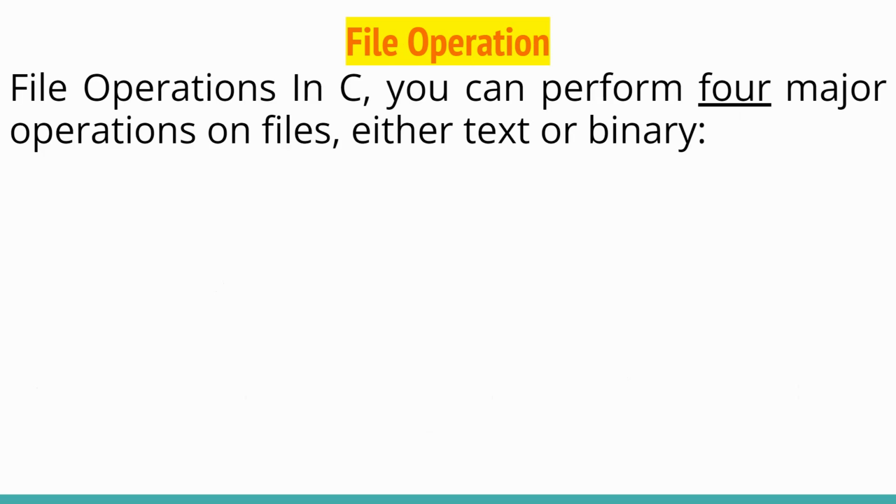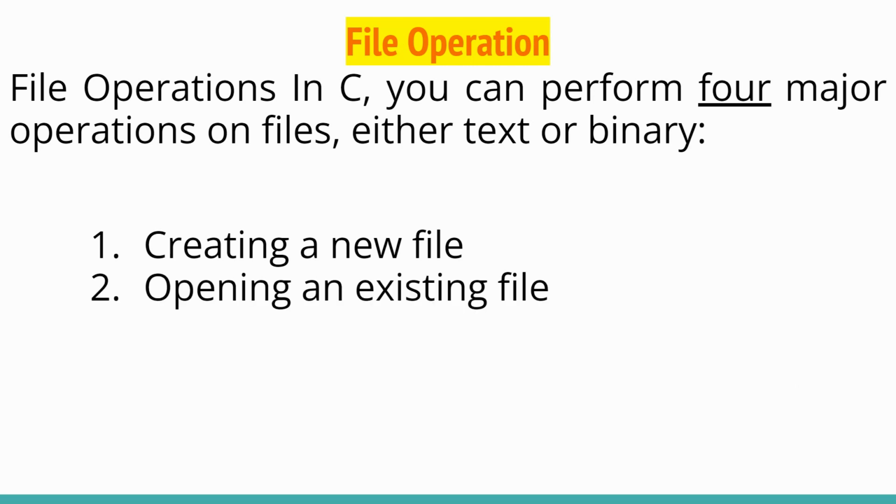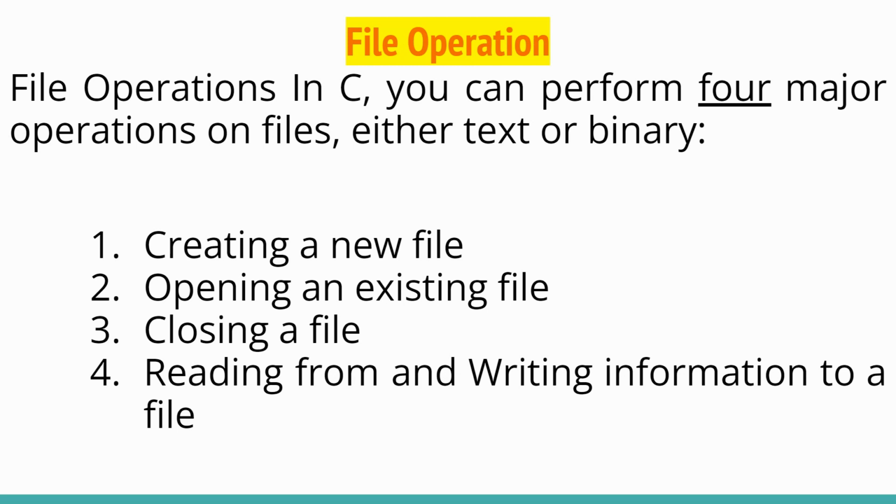Next, let us understand the basic operations you can perform with files. There are four important operations you can perform on files, either text file or binary file. First is creating a new file. Second is opening an existing file. Third is closing a file. And fourth, you can read from an existing file or write information into a file.